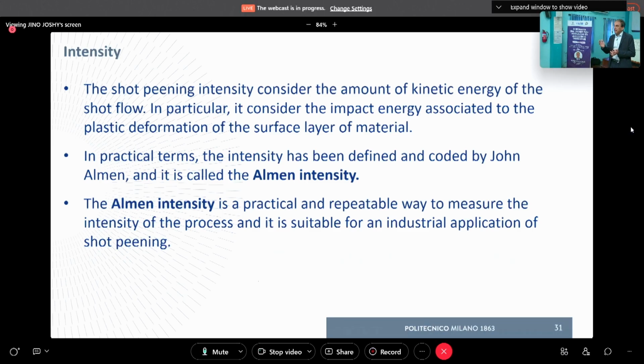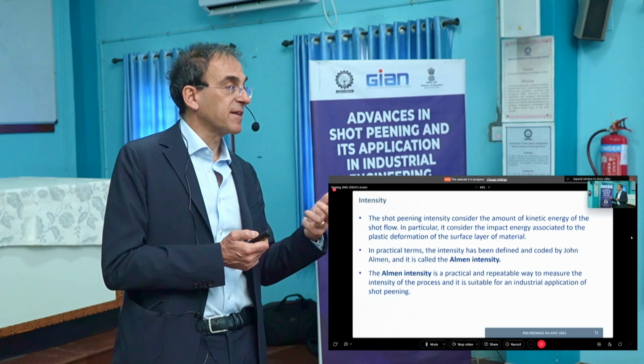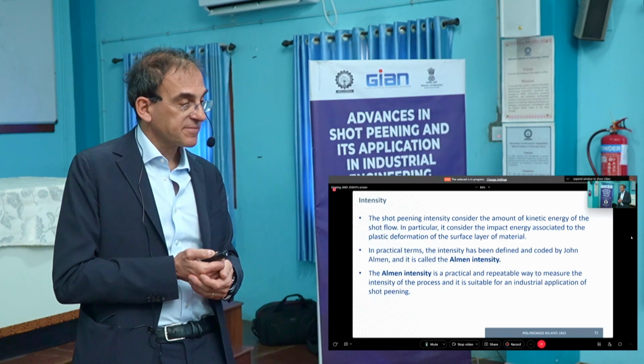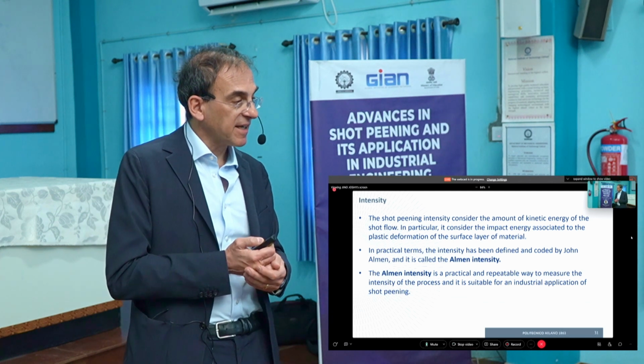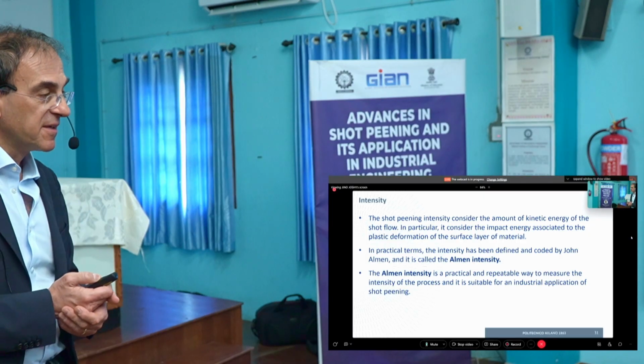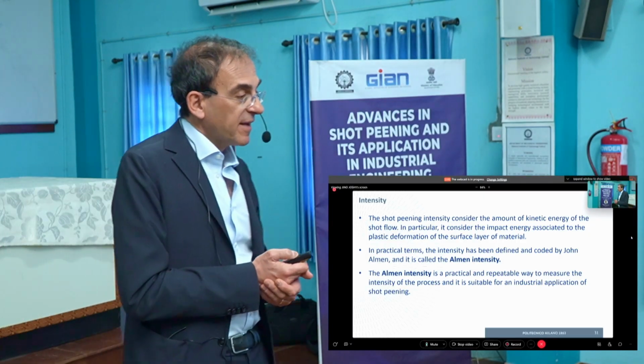The intensity of shot peening considers, as we said, the amount of kinetic energy that is imprinted to the shot flow. The energy is the kinetic energy, and then goes, at least partially, mainly into plastic deformation. Most of the kinetic energy is then used for the plastic deformation, the non-uniform plastic deformation of the material.